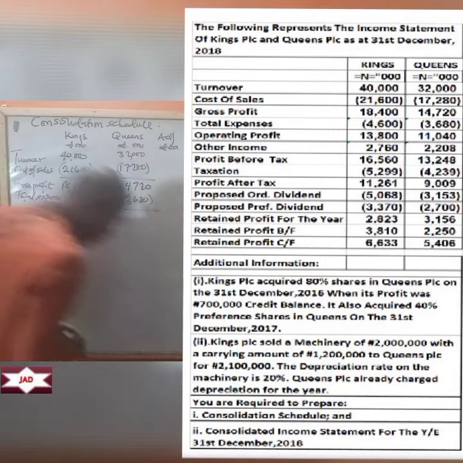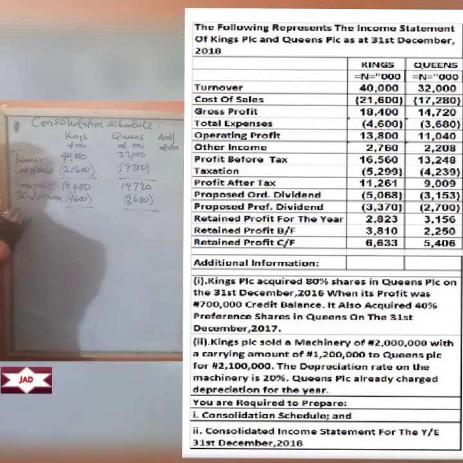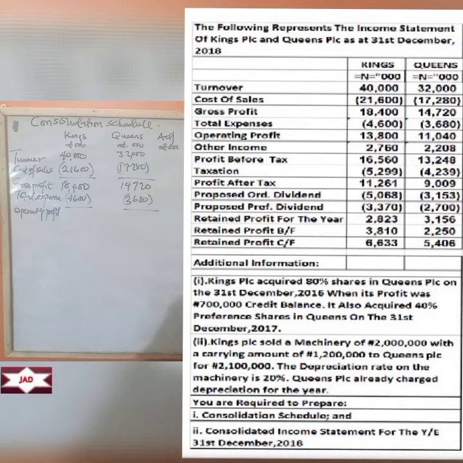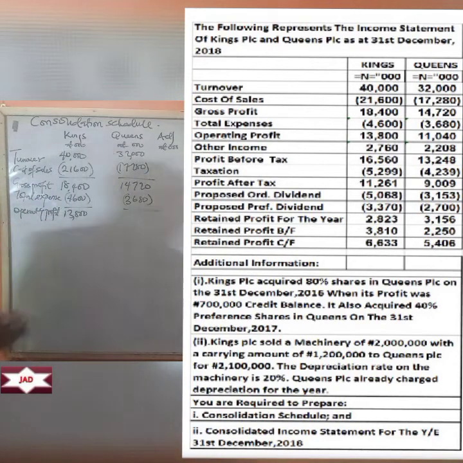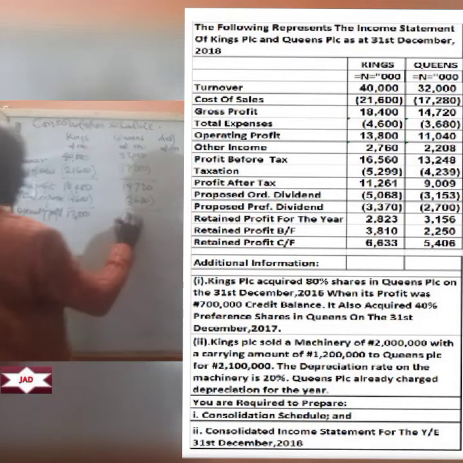What do we have? Operating profit. What do we have here? 13,800 and 11,040.